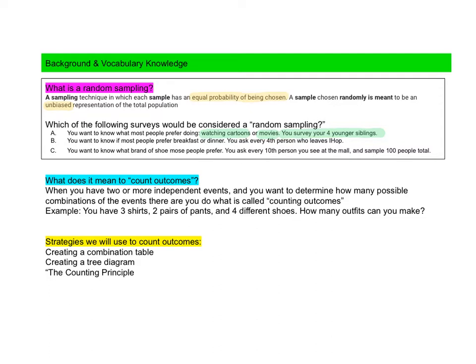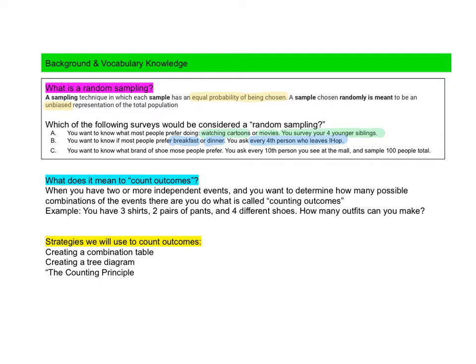They're also younger, okay? So probably not A. B, it says you want to know if most people prefer breakfast or dinner. You ask every 4th person who leaves IHOP. This would definitely not be a random sampling. There's a lot of bias because you already know that these people like breakfast. They're coming out of a breakfast restaurant. So this is not a random sampling. It's very much targeted.